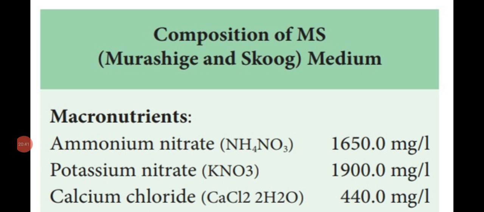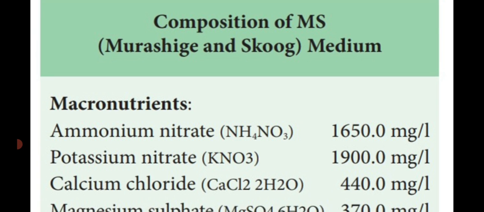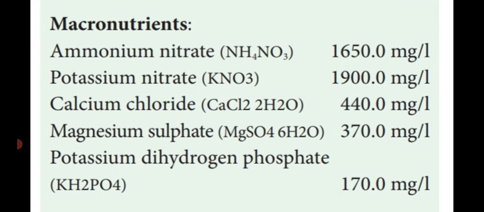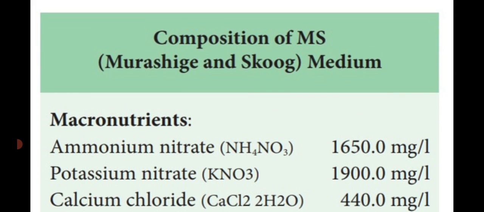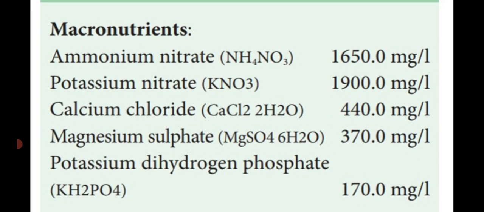Dear students, the composition of Murashige and Skoog medium is given here. This is also an important 2-mark question. What are the macronutrients present in the MS medium? That is ammonium nitrate, potassium nitrate, calcium chloride, magnesium sulfate, potassium dihydrogen phosphate.